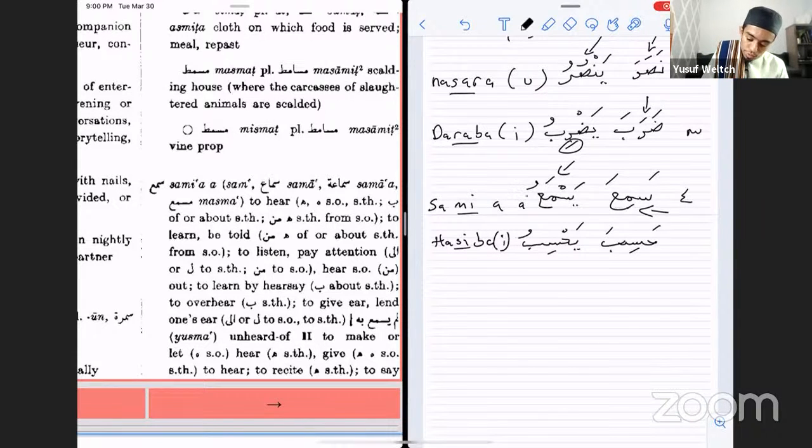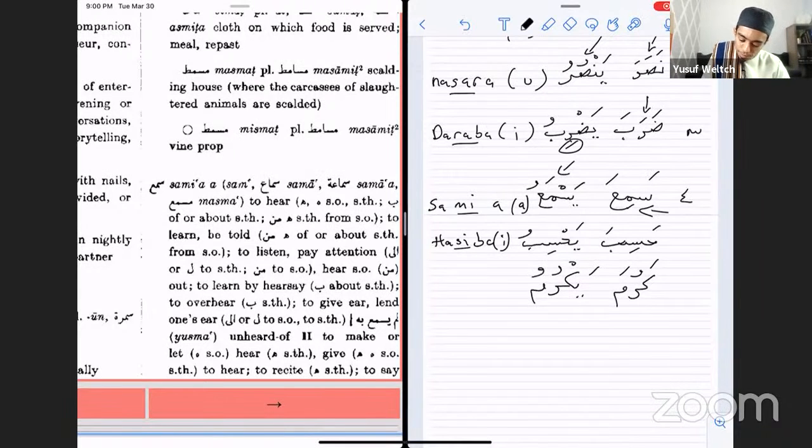And then the last one is karuma, yakrumu. Here you can see the middle letter in the past tense is what? Dhamma. So karuma, and then we'll put a U next to it, yakrumu.